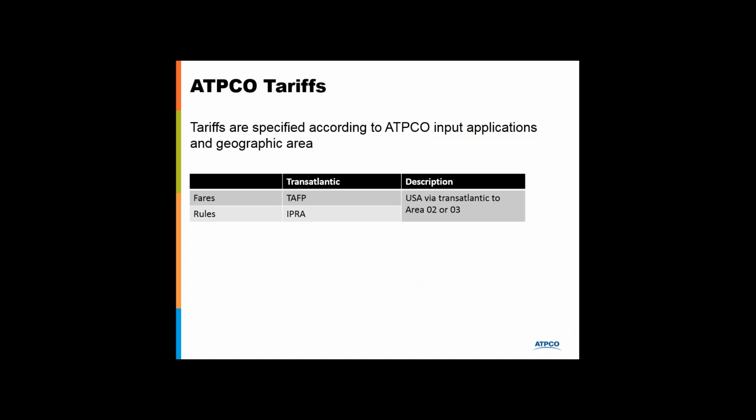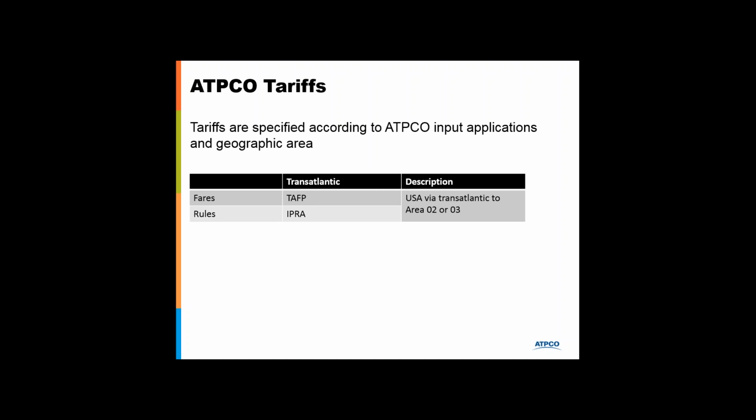This is termed transatlantic fares that are public. And that description really geographically is a fare that goes in or out of the United States from anywhere. And then we have a requirement in this Geographic that they are crossing the Atlantic.